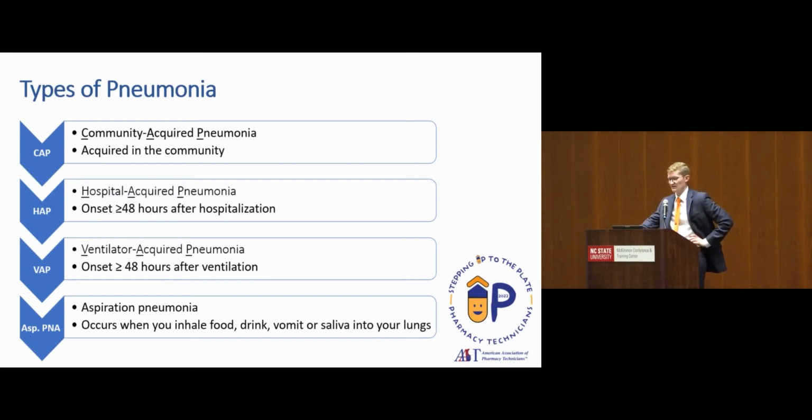I don't think it would fit, so we have specific guidelines for COVID pneumonia because of how unique and prevalent it is. I guess if you wanted to lump it into one of these, then if you obtained it in the community, I don't think that categorizing COVID pneumonia into CAP, HAP, or VAP would necessarily be appropriate.